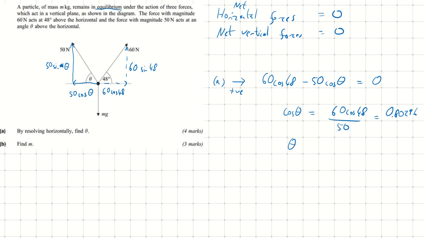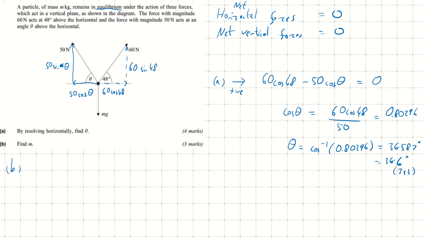And then theta is, we take the inverse cos of 0.80296, and we get 36.587 degrees, which is 36.6 degrees to 3 SF. Okay, so we've done part A, we've worked out what theta is.